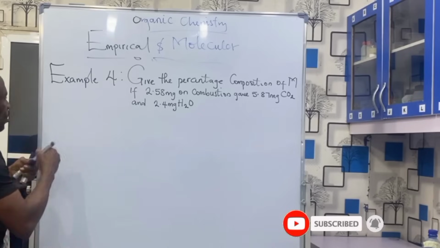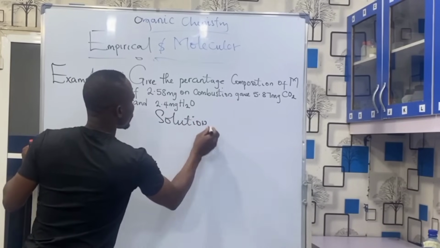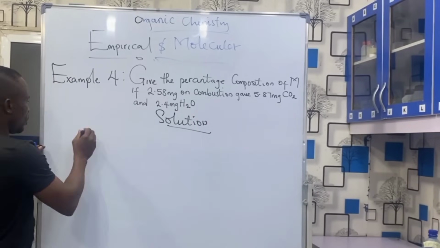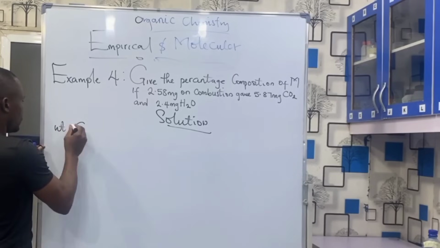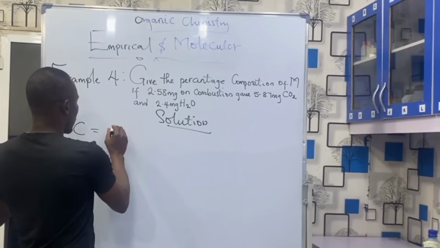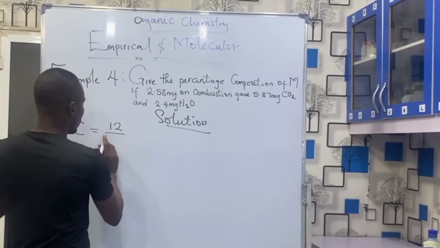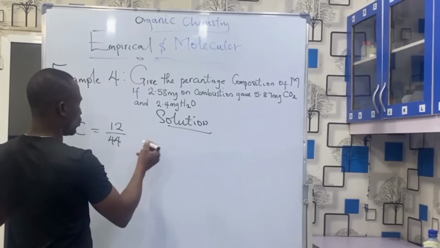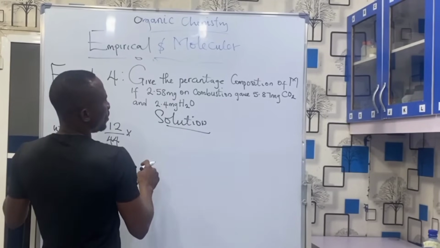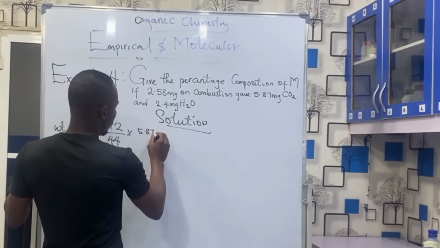So for example, for carbon, the weight of carbon will give us 12 all over 44, which is CO2, the compound in which carbon is found, times of course the weight of CO2, which is 5.87.